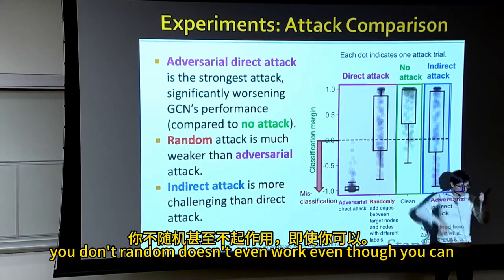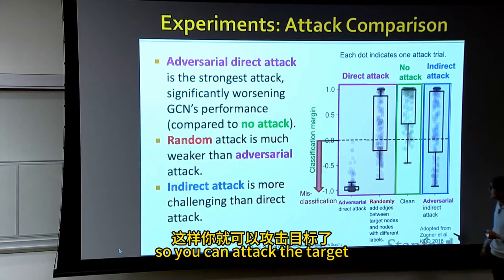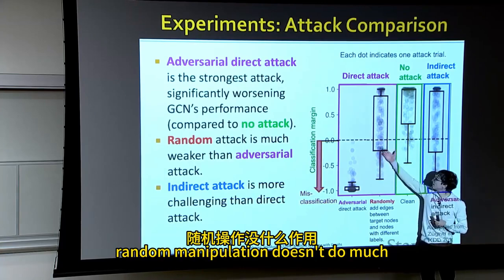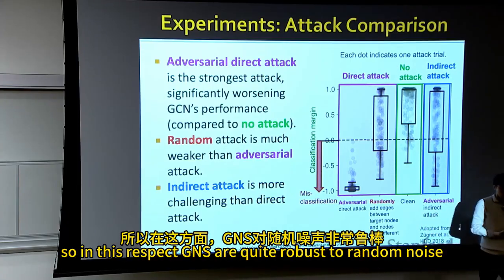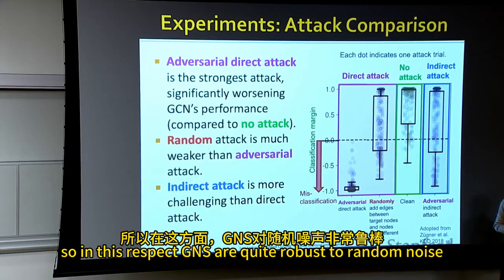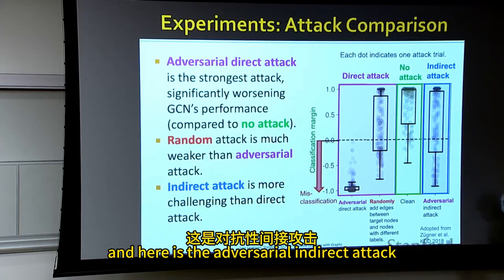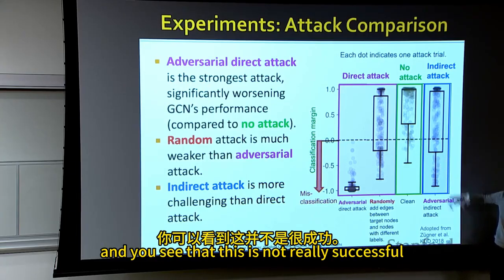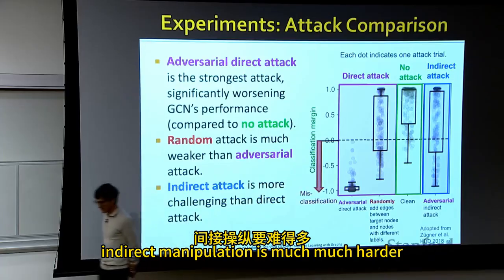Even though you can do a random targeted attack, so you can attack the target, random manipulation doesn't do much. Sometimes it flips, but most often it doesn't. So in this respect, GNNs are quite robust to random noise, either on the target node or on the nearby nodes. And here is the adversarial indirect attack, and you see that this is not really successful, right? That indirect manipulation is much, much harder.